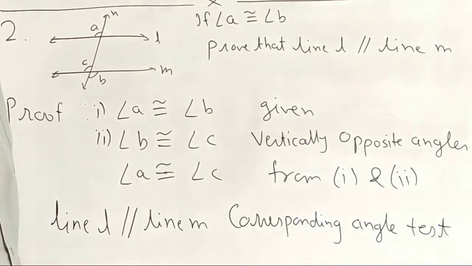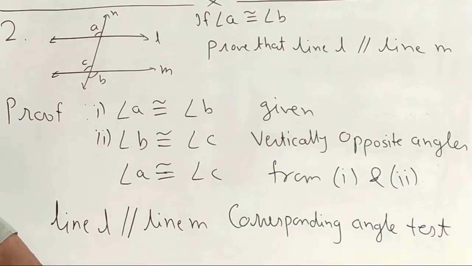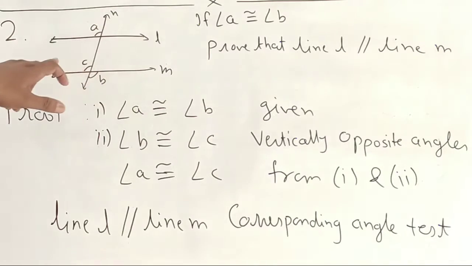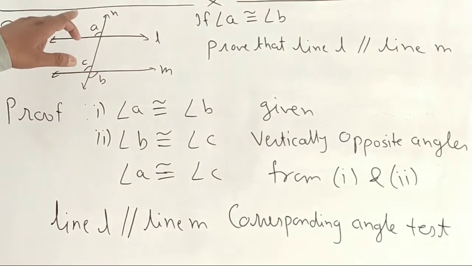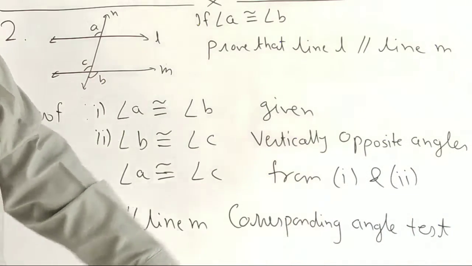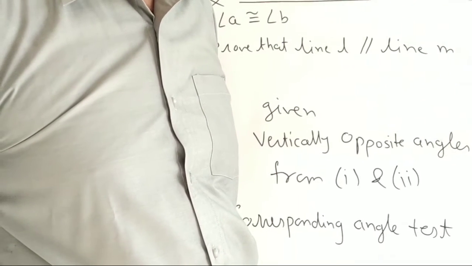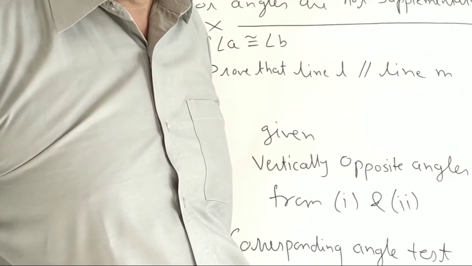Or from 1 and 2 you can write, angle A congruent to angle C. If angle A and angle C are congruent, line L is parallel to line M, because corresponding angles are congruent. So this is called the corresponding angle test. Understood?